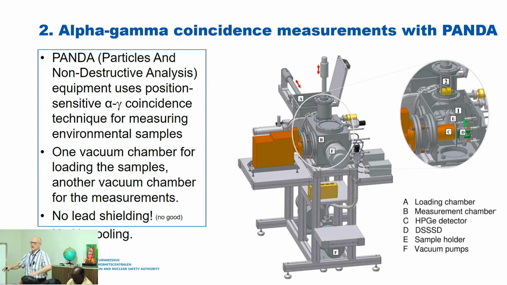All other things are not very relevant from this point of view. So the PANDA name comes from the words particles and non-destructive analysis. You know that if you are using the alpha method, then you usually have to destroy your sample by radiochemical means. But we don't want to do that. We don't want to destroy samples.